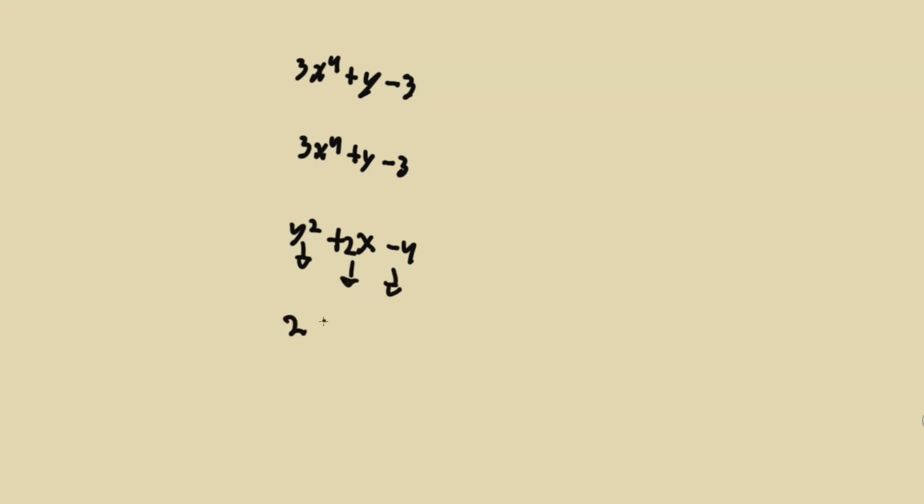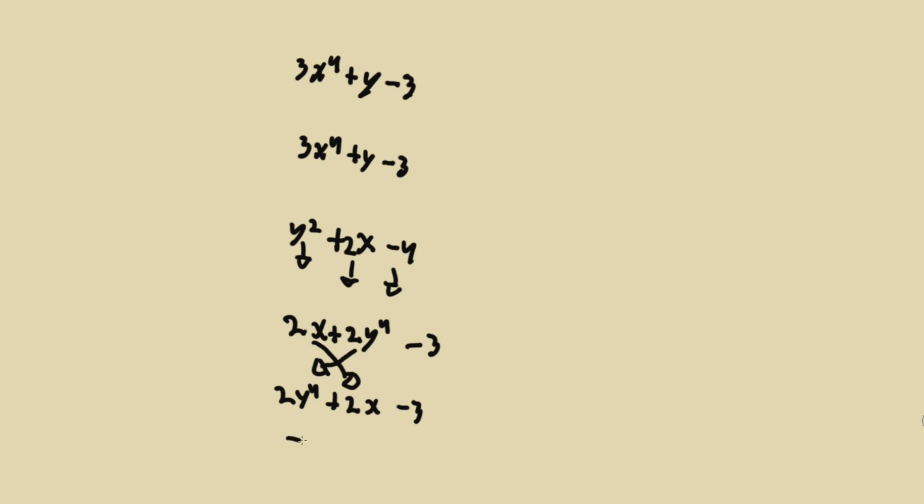So how about we have 2x plus 2y to the power of 4 minus 3. Well, this one we have to move the y to the beginning, so 2y to the power of 4, and then we move 2x here because its power is 1, and then minus 3, right? So we have to sort it like this, okay?